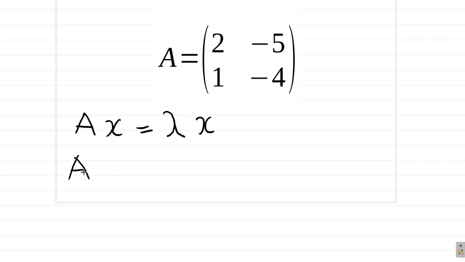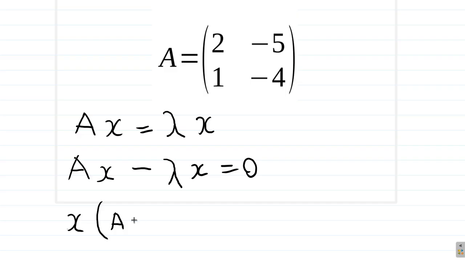What you're saying is that the matrix times its own vector, its eigenvector, minus the eigenvalue of the matrix times its eigenvector is equal to 0. All right. Now, factor out the eigenvector: x times the matrix minus its eigenvalue is equal to 0.